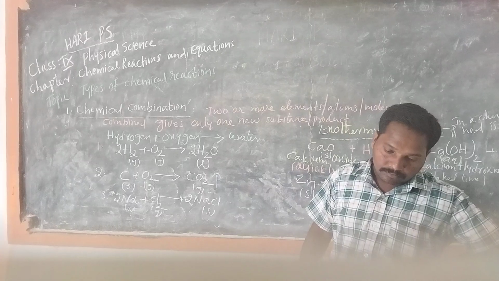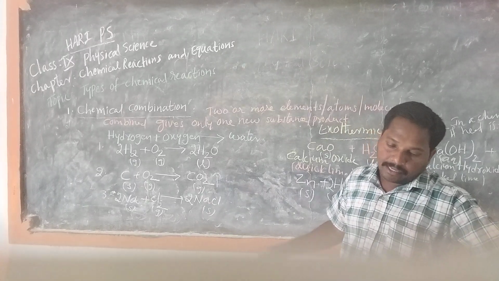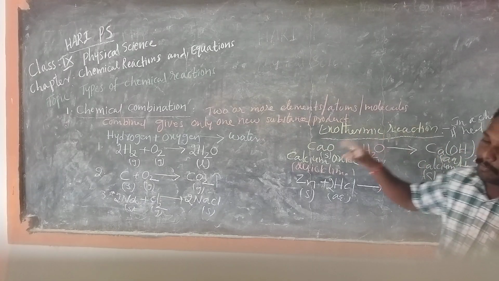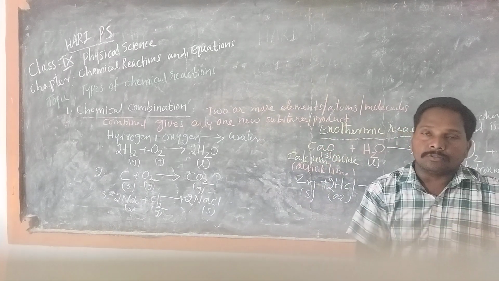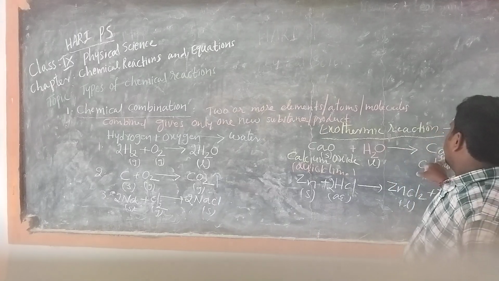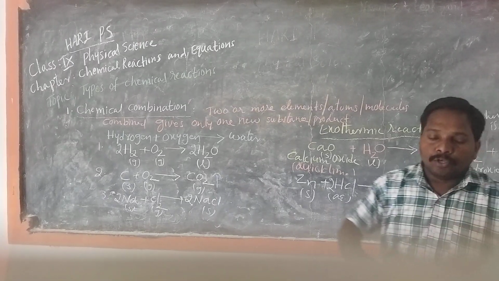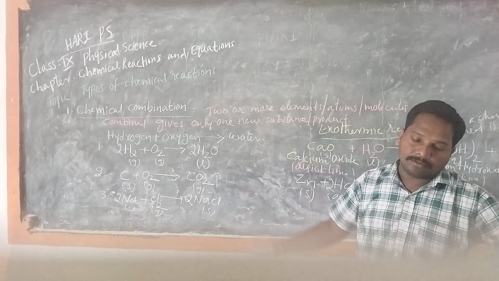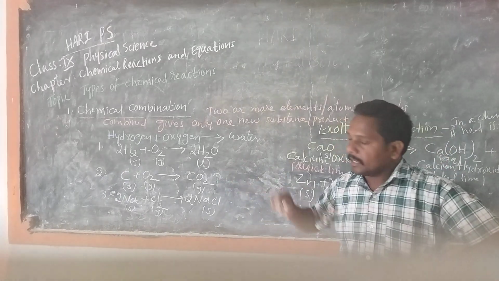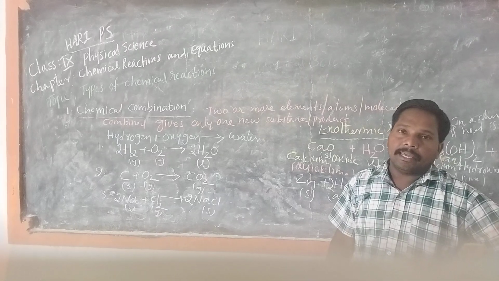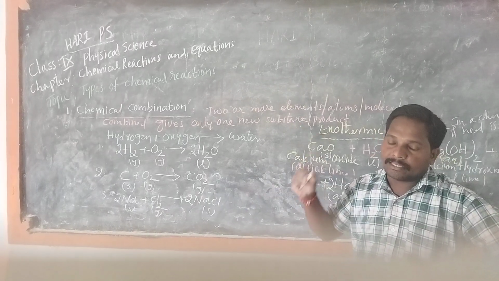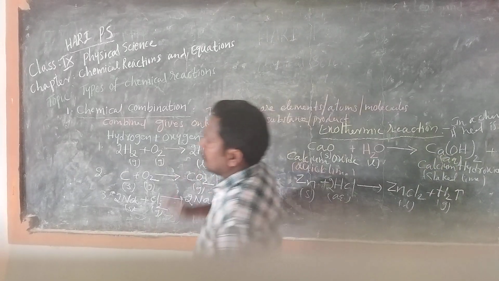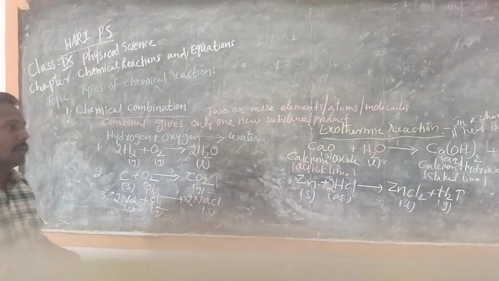Calcium hydroxide aqueous solution is used to whitewash the walls. Calcium hydroxide slowly reacts with the carbon dioxide and forms a thin layer of calcium carbonate. A white layer is formed. So this is about chemical combination.